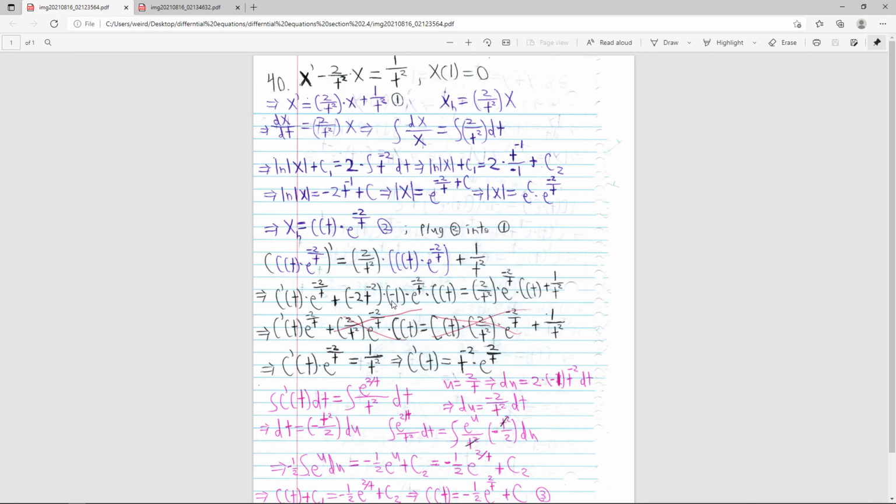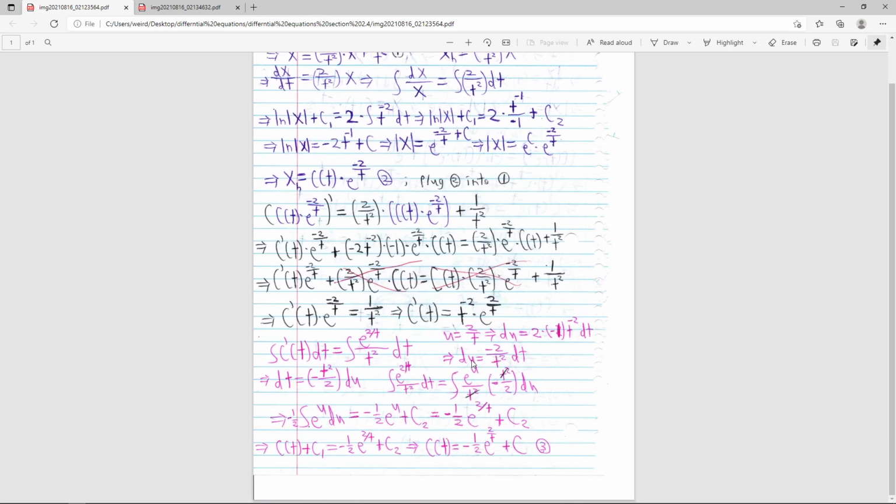I think that's a Calc 1 skill. Mostly it's the exponential add-in, and of course it's muddled with all this stuff, but in the end the work makes sense. You eventually get c prime by itself, so c prime of t equals t to negative 2 power times e to the 2t.